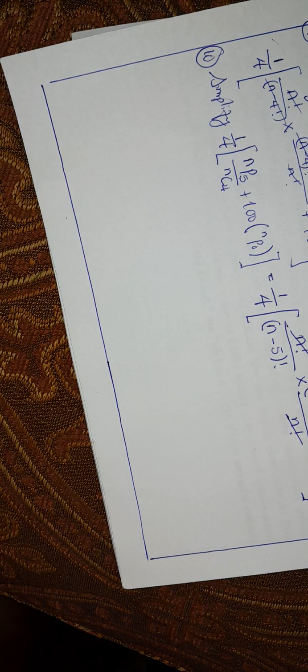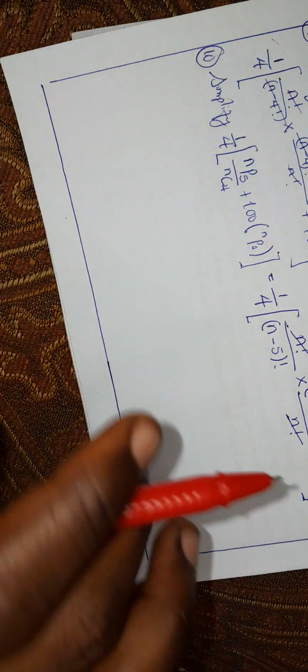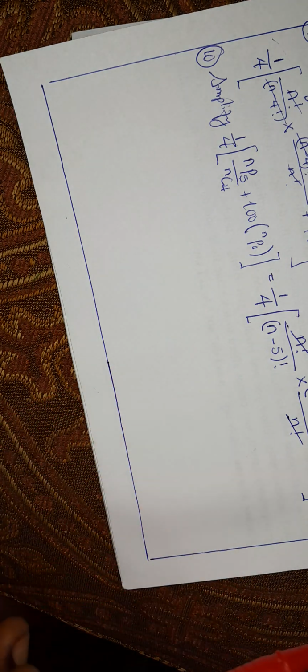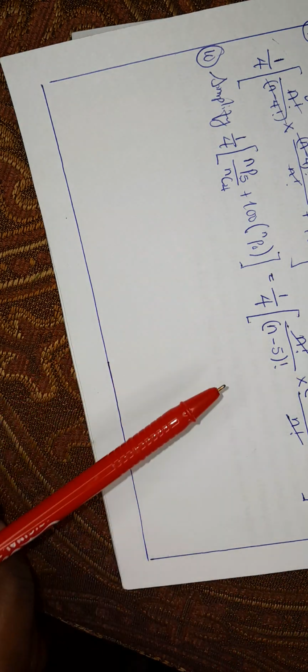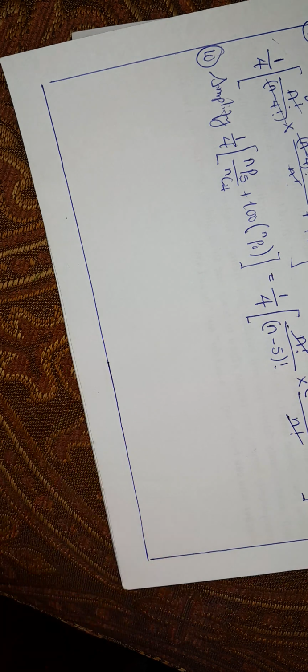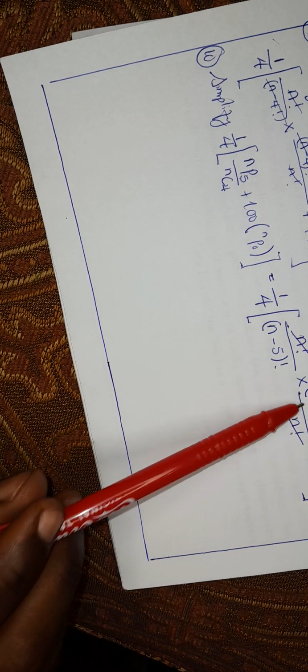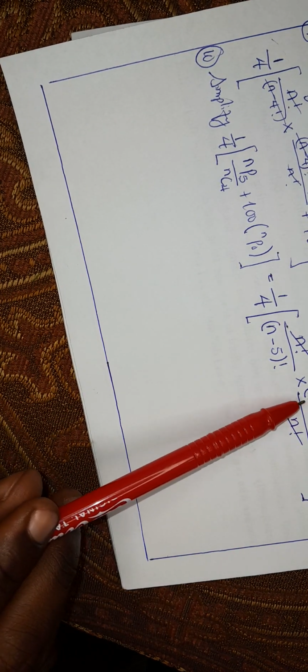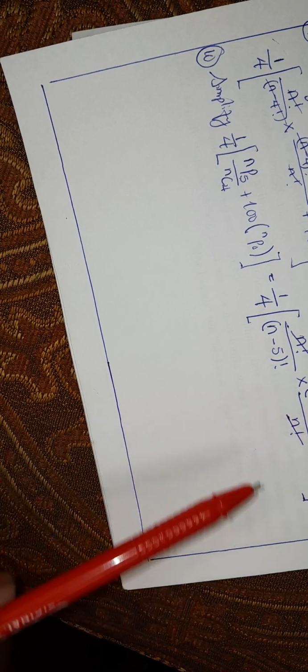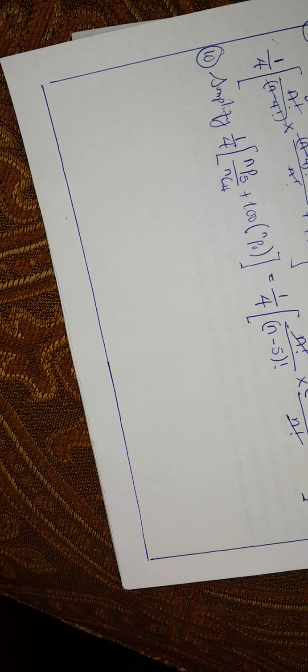Now the question is, between n minus 4 and n minus 5, which are we going to expand to actually cancel this factorial sign? I believe you are picking n minus 4, and the next value will be n minus 5, because minus 4 minus 1 is minus 5.